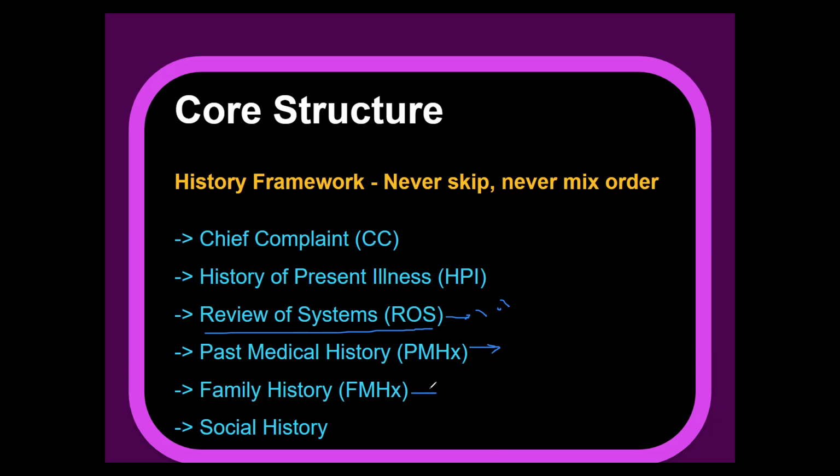Family history, again, this is going to reveal important information, particularly in conditions like diabetes, hypertension, heart disease, where family history matters. Positive family history increases the likelihood of the patient having the same condition. Also in certain cancers like breast cancer.